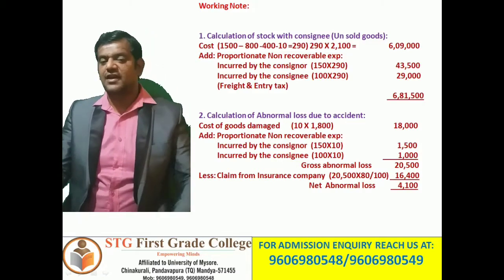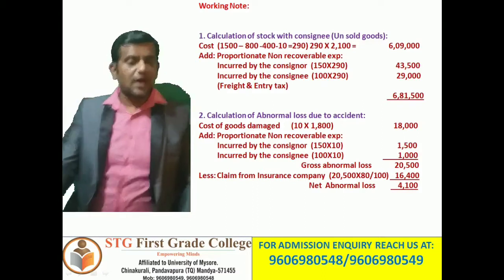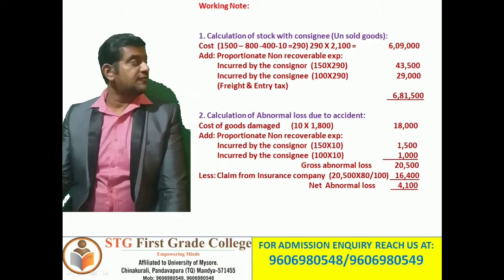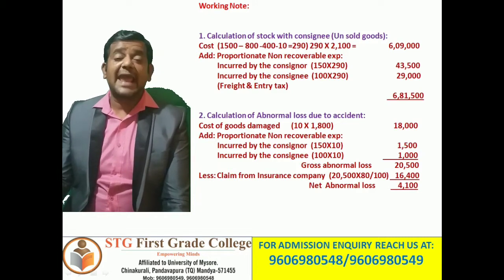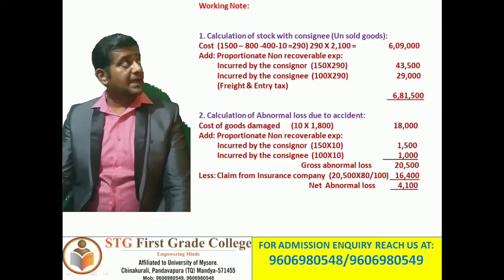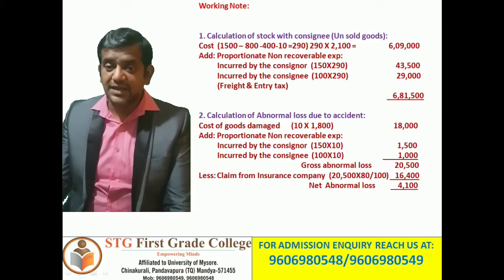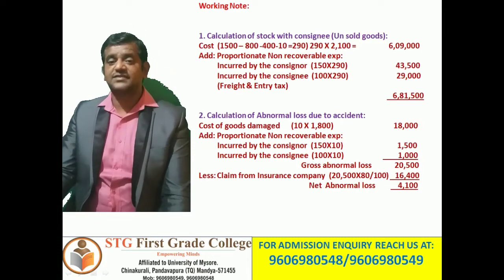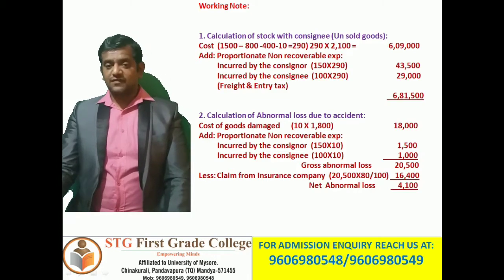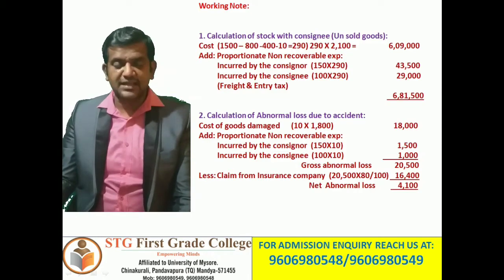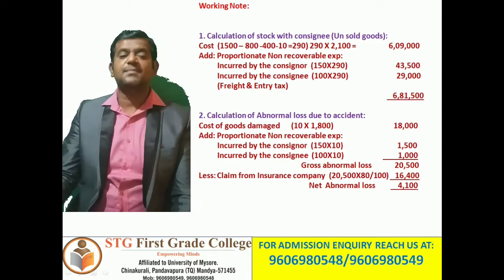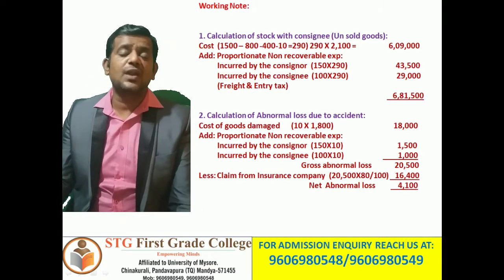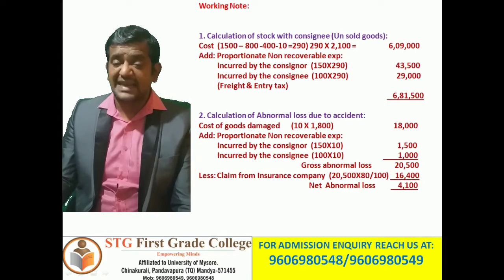Let us consider. Open a bracket next to cost. So 1,500 minus 800 cash sales minus 400 bicycles on credit sales minus 10 bicycles damaged during transit. So 1,500 bicycles minus 800 bicycles minus 400 bicycles minus 10 bicycles comes to 290 bicycles.